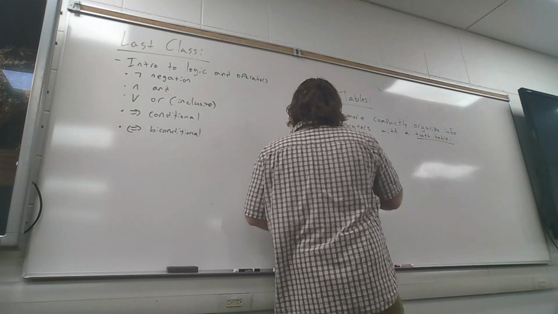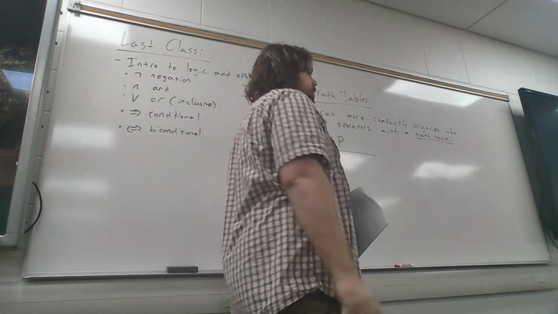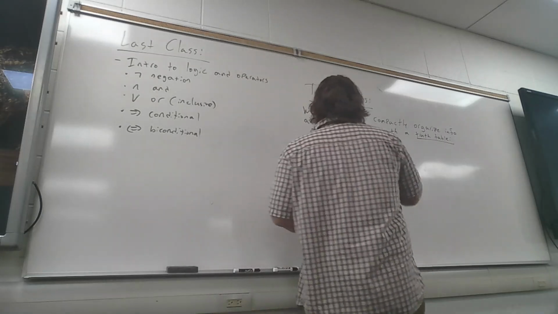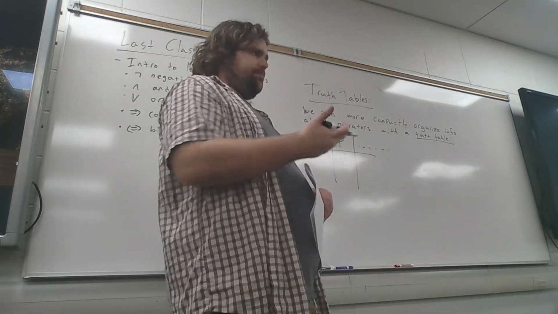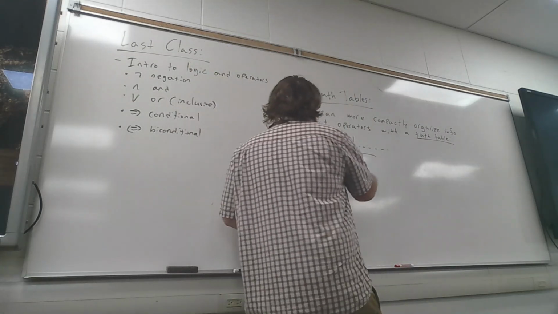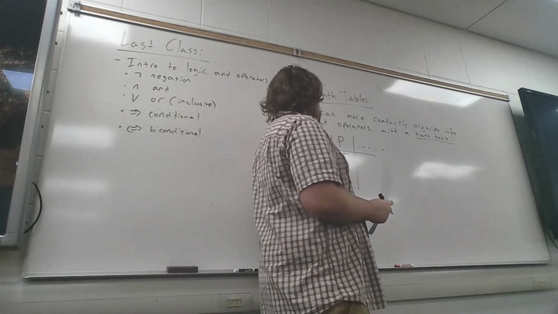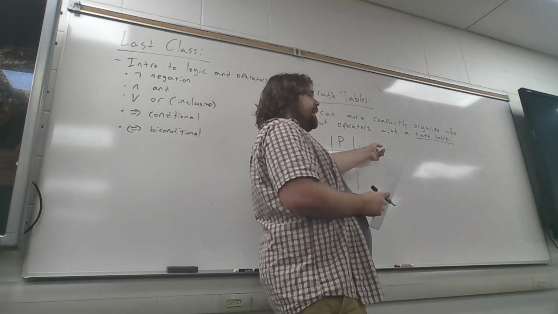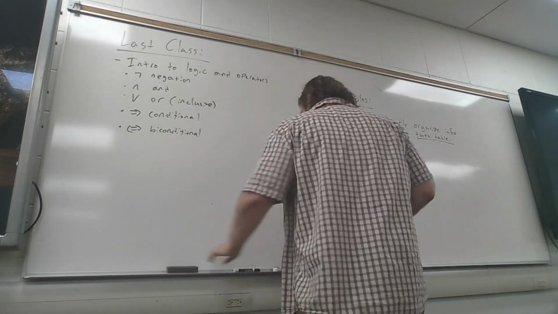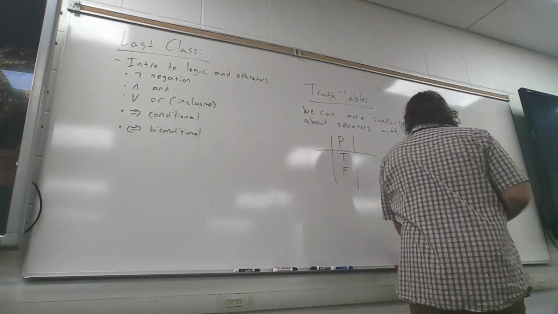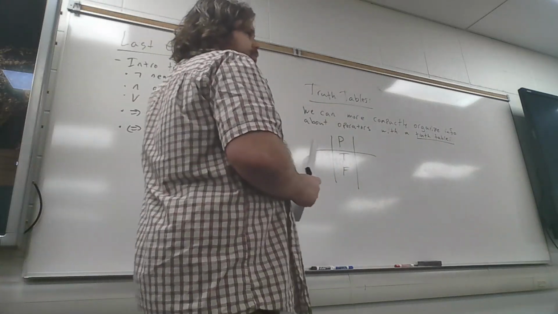The way we build it is we start with our input here, right? And then we have more statements or our outputs there. So what happens when P is true and what happens when P is false? This is going to tell us what happens when P is true and when it's false. As an example, let's use the simplest operator we have, negation. We know logically how that works.